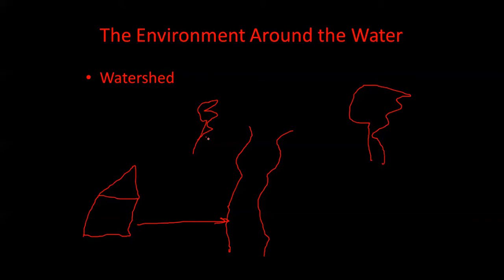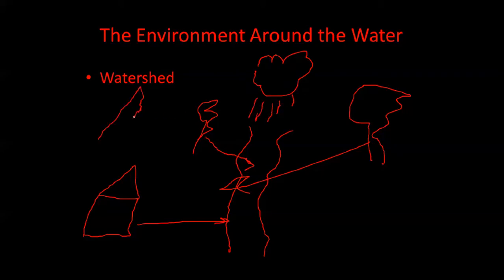So what's going on in all of these, plus our little clouds and the rain that's coming down, and any of our glacier melting. My little mountain there doesn't look very good, does it? So the idea is that everything that's coming from the sky, from the ground, is all going to our river.